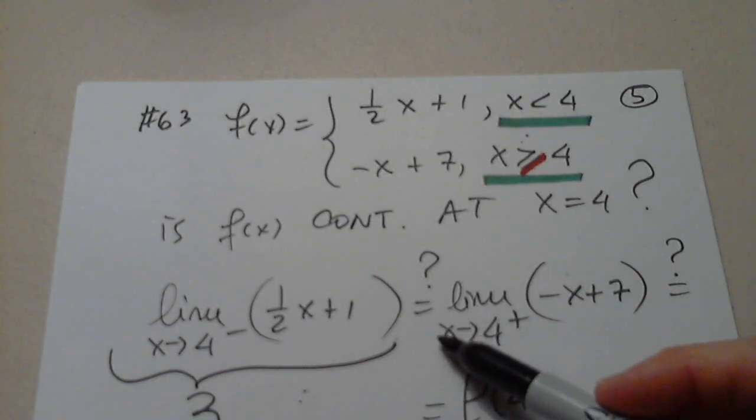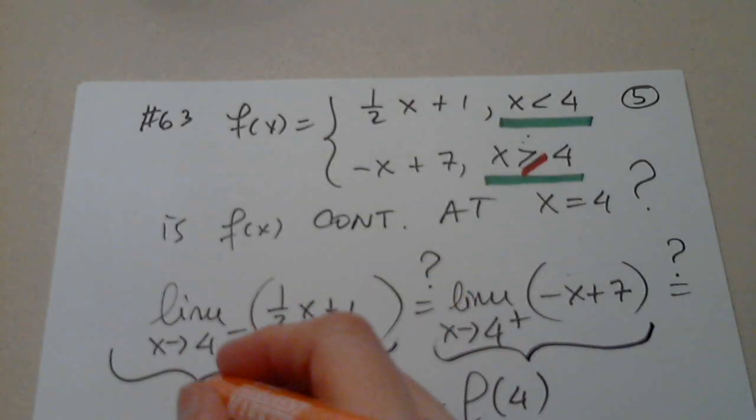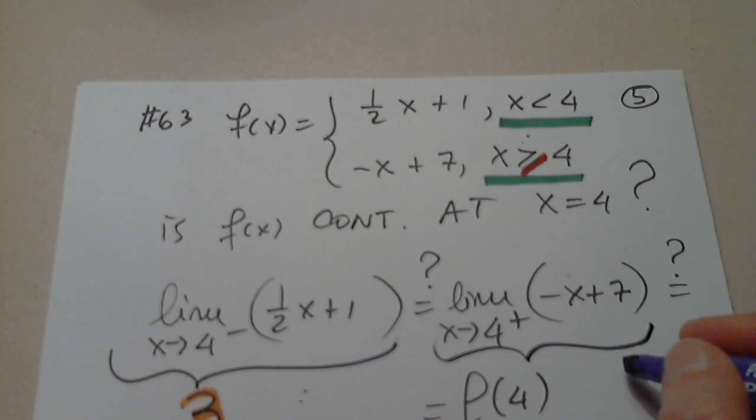Excellent. Can anyone calculate this for us? Again, this is very simple. It's a polynomial function. What do we get? Can anyone plug it in and tell us what we get? It's still 3. Very good.